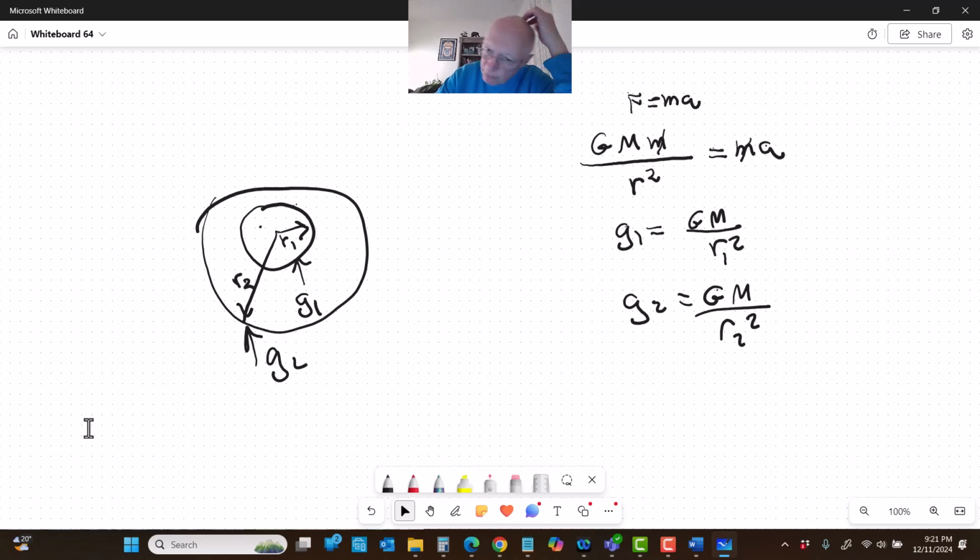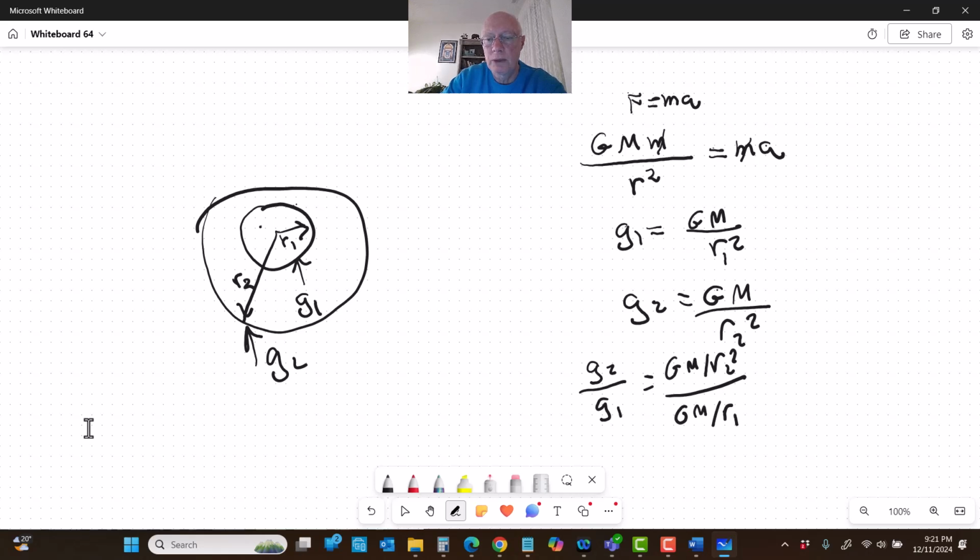Now we can take a ratio again. Just divide the bottom by the top. We have g2 over g1 equals, well, I'll just write it all out here, GM over r2 squared over GM over r1 squared.